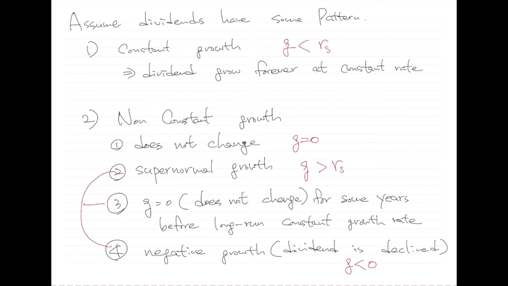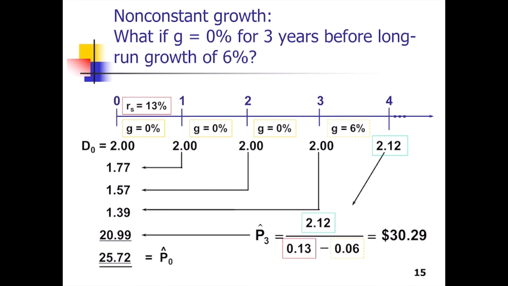Until now, we checked the supernormal growth case. And now we are going to look at the case where the dividend does not change for some years before the long-run constant growth rate. Here is the example, the non-constant growth. What if G equals 0 for 3 years before long-run growth of 6%?